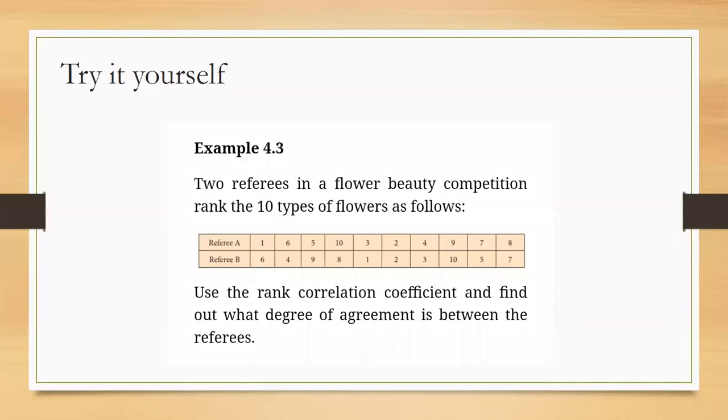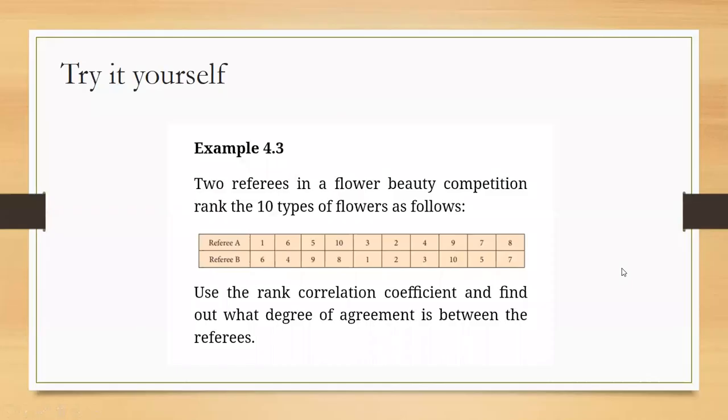Once this is done, I want all of you to try out this question. Here it is given, marks given by two referees in a competition. I want you to first find out the rank. Rank order means simple.